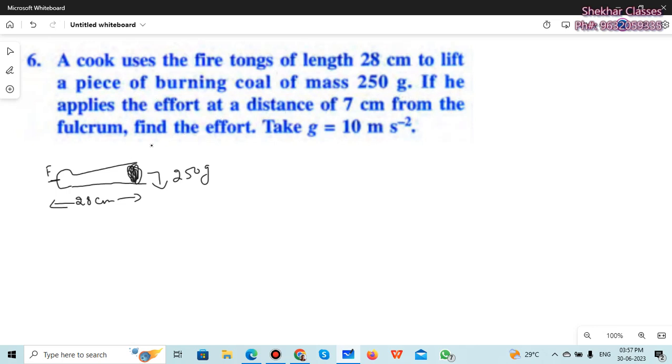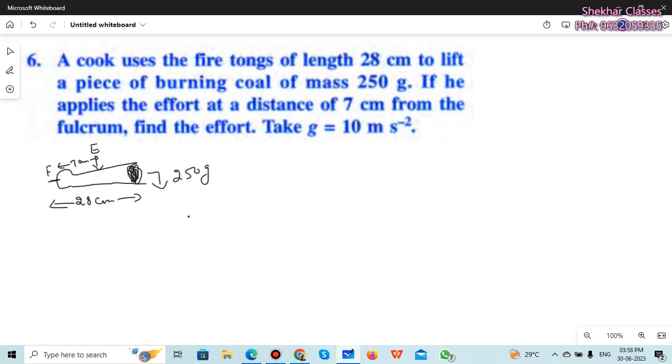If he applies an effort at a distance of 7 centimeter, this is the effort. At a distance of 7 centimeter from the fulcrum, find the effort.